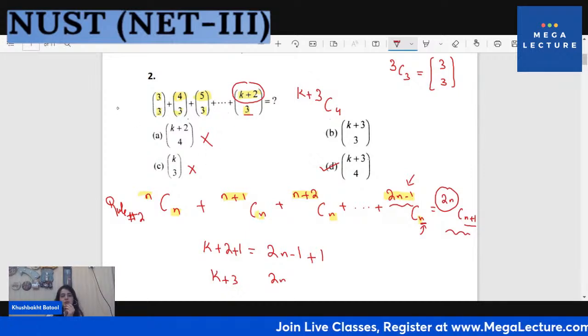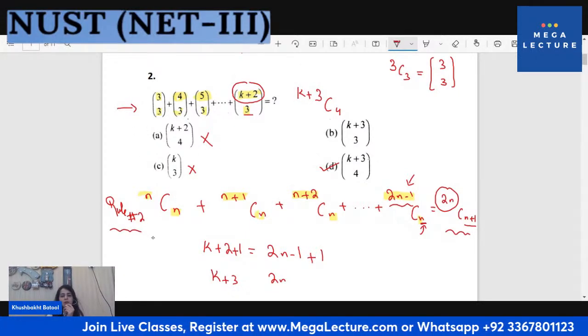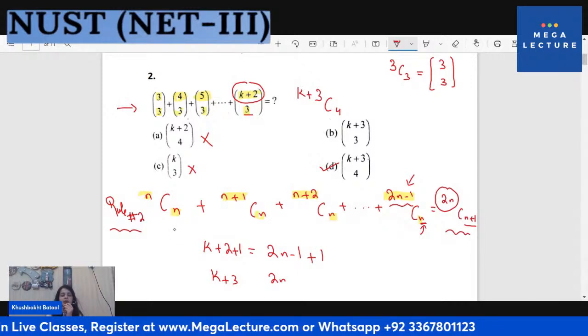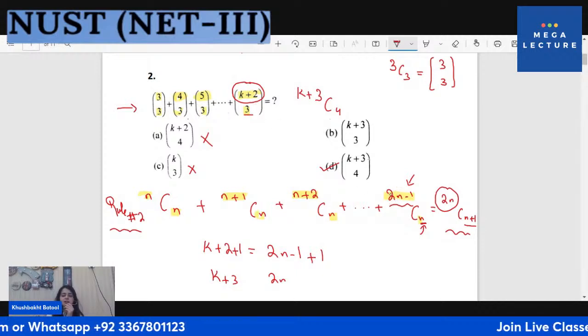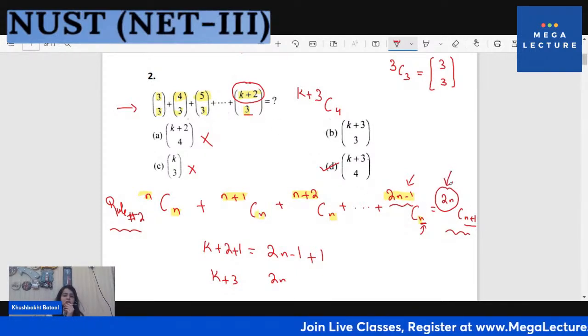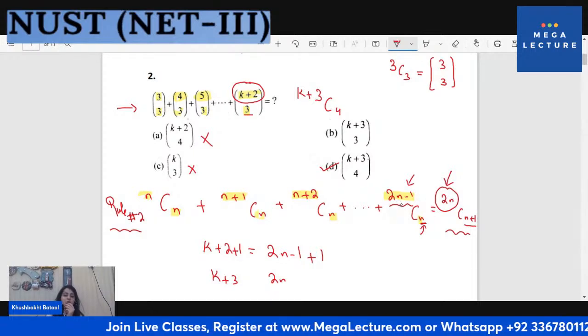Okay, so this was the question, and for this I have used rule number 2. Using rule number 2, I can clearly see that this thing encircled with red marker, k plus 2, is basically equivalent to 2n minus 1, and here we have 2n. We got 2n by adding 1 to 2n minus 1.